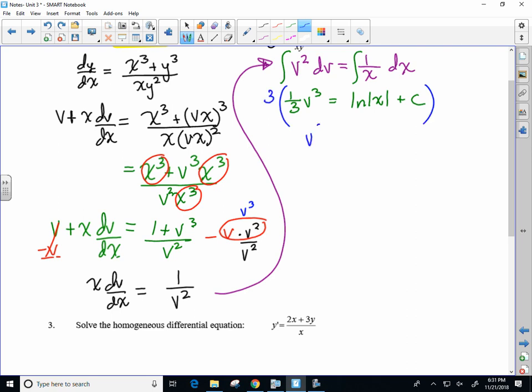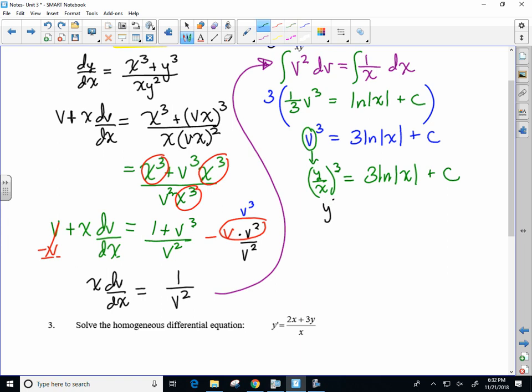And we get v cubed equals 3 ln of |x| plus c. Now v has to go. v is the same as y over x. There's no converting to exponential form or anything like that because I don't have a log on the left-hand side.